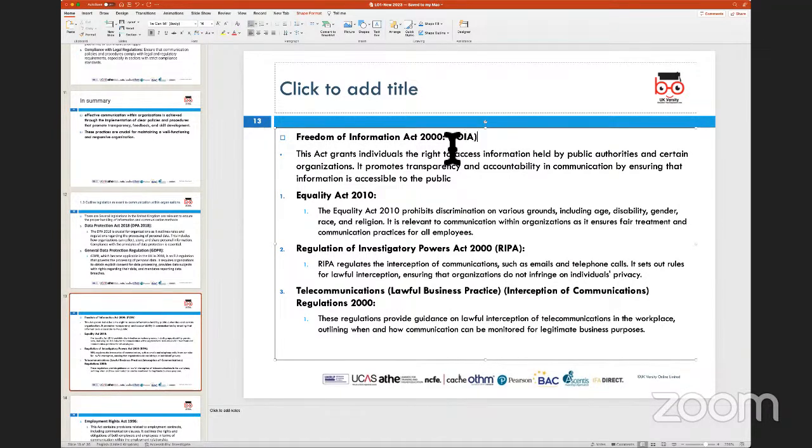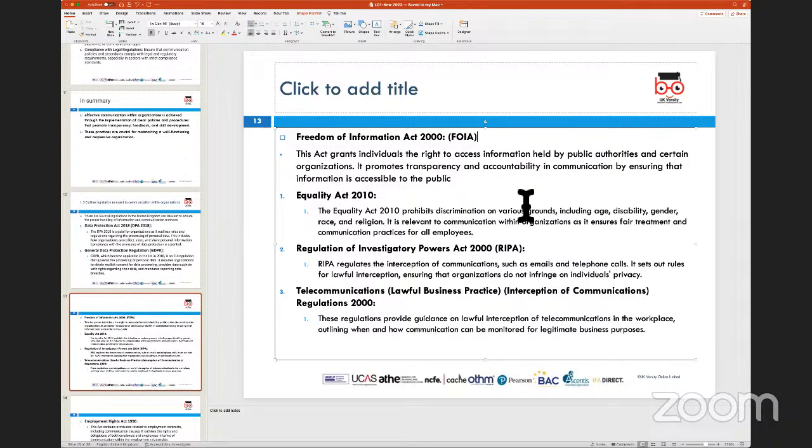They can use this act to request information from government organizations, and that tends to be useful when they want to seek information in the public interest, and they can then quote the Freedom of Information Act to be able to gather that information.